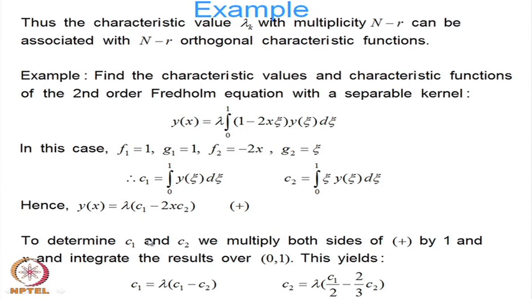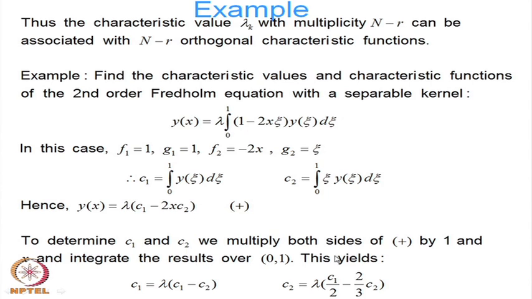So, what do we do? We take this equation, multiply first by g1, and integrate within the limits 0 to 1. Next, we multiply both sides by g2 and integrate again over 0 to 1.